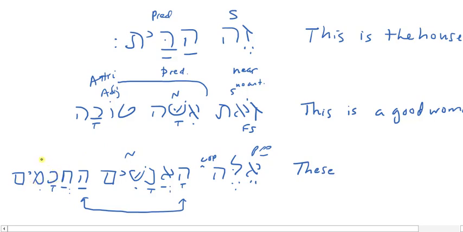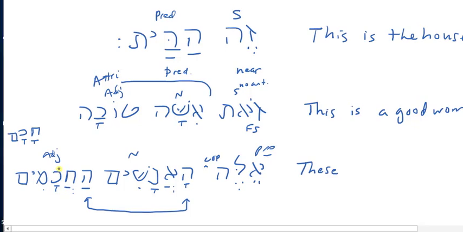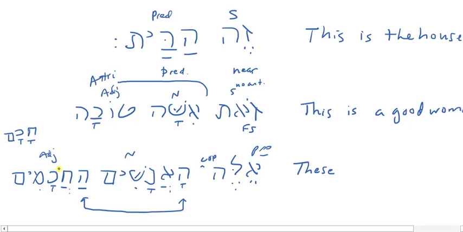Is hakamim an adjective? This is the adjective hakam, which means what? Well, that's the noun. But what about the adjective? Hakam means wise. Wise.